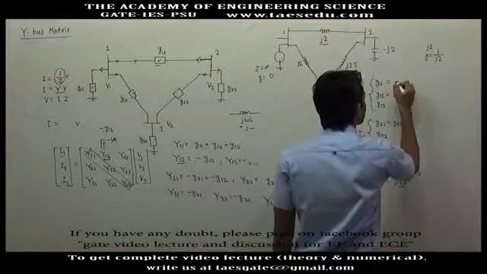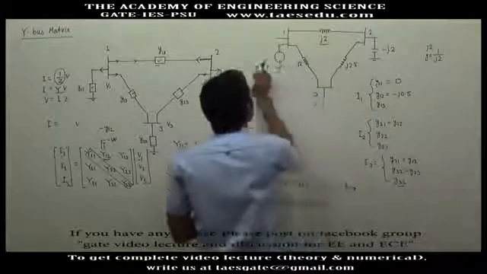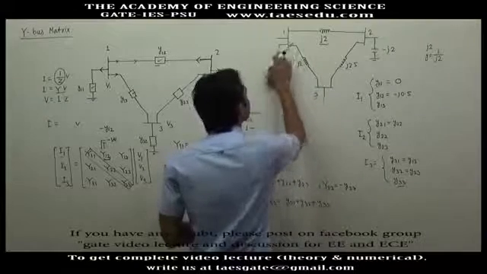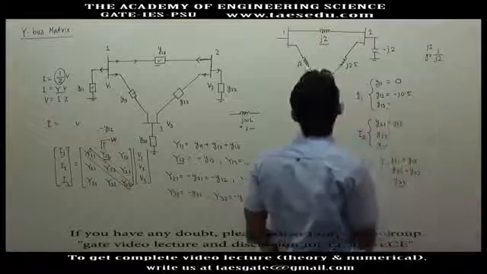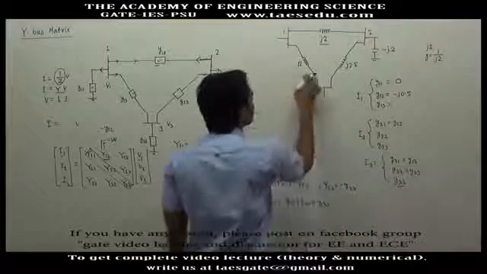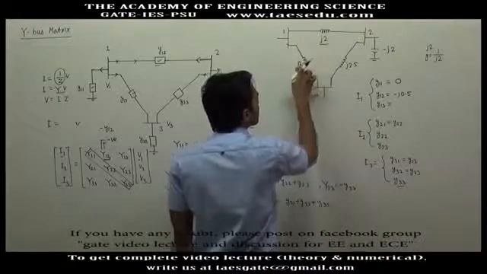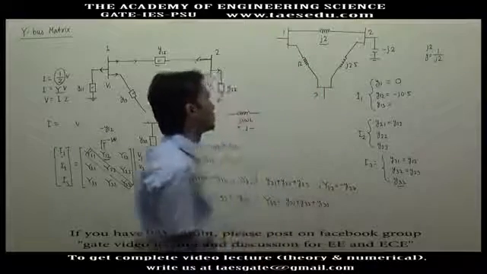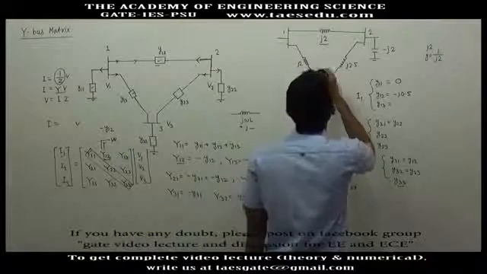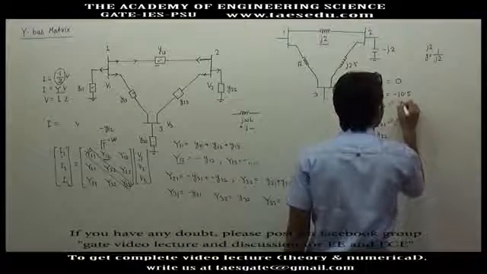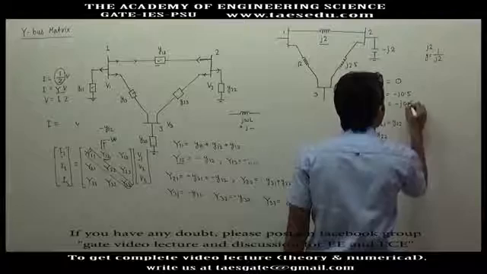So y11 is 0. Now y13, between 1 and 3. The inductor is shown here and it is J2. So this is impedance, and you have to take the reverse of it. So the reverse of J2 will be minus J0.5.